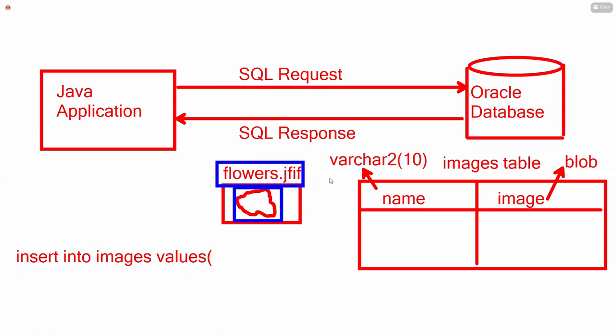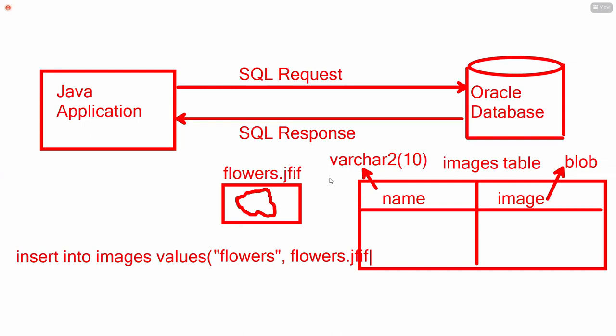My task is I want to store an image in a database. Then how to store? Now here, the name of the image is flowers, varchar 10. I'll write flowers, comma. Now here, what do we have to write? If I write flowers.javaprogramming, what will be stored?